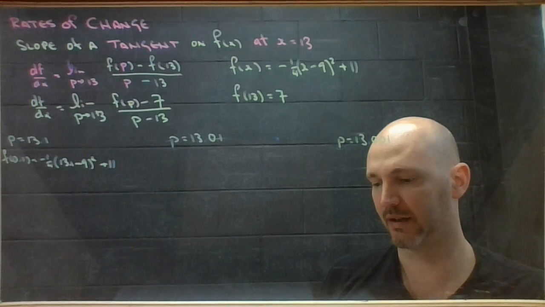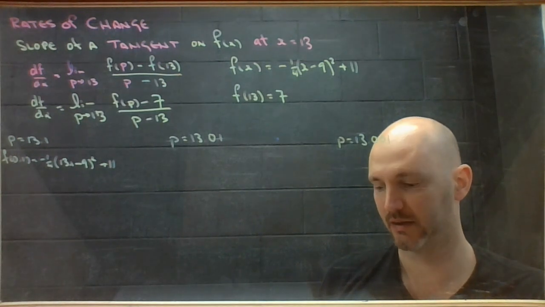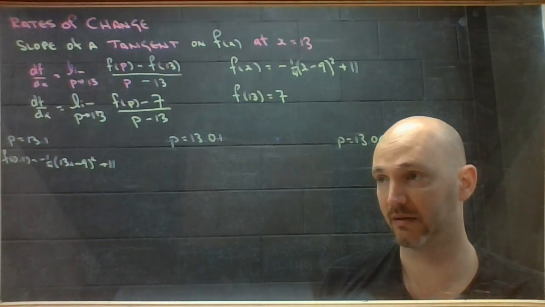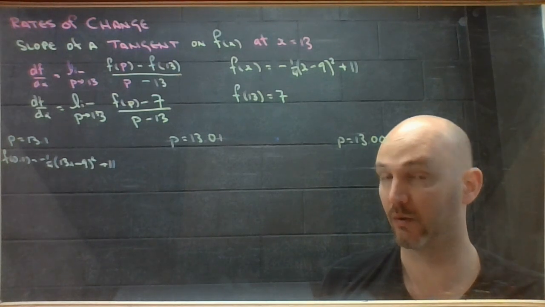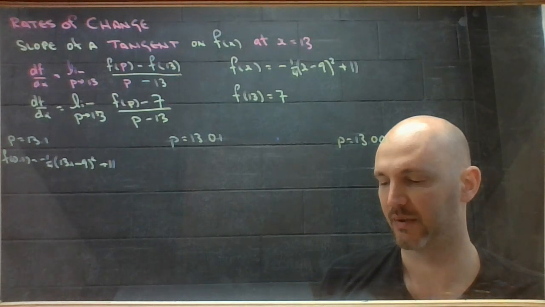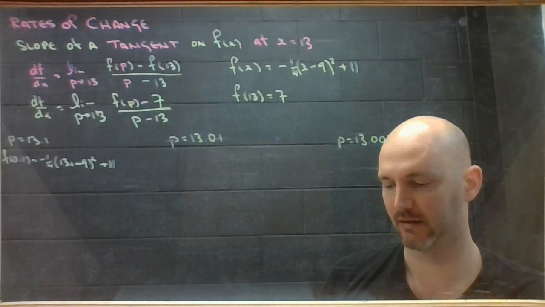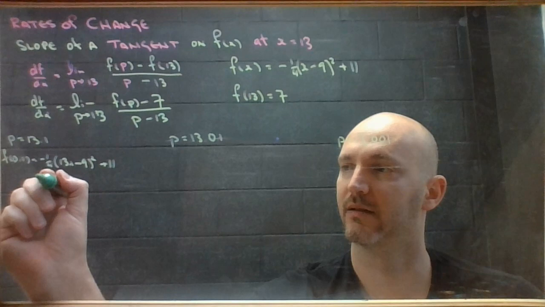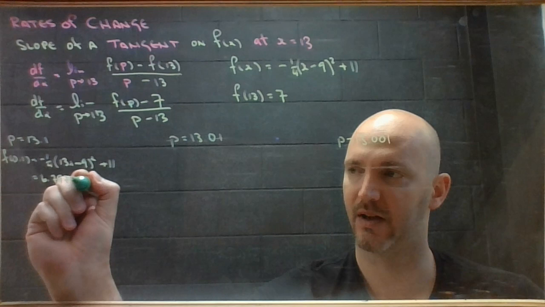Get my calculator out here. 13.1 subtract 9 gives me 4.1, and I square that and I get 16.81, and I multiply it by negative 1/4, or divide it by negative 4, whichever way you see that. Gives me negative 4.2025, and I add 11 to that, and I get 6.7975.